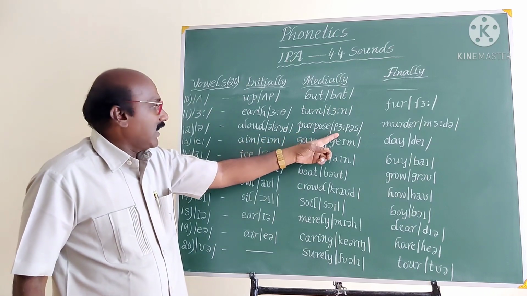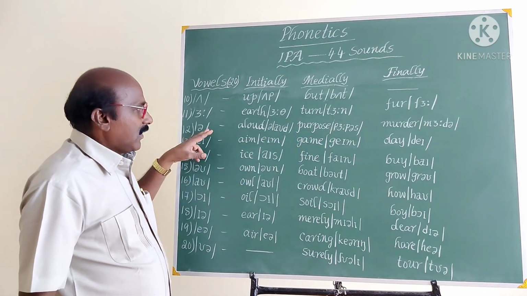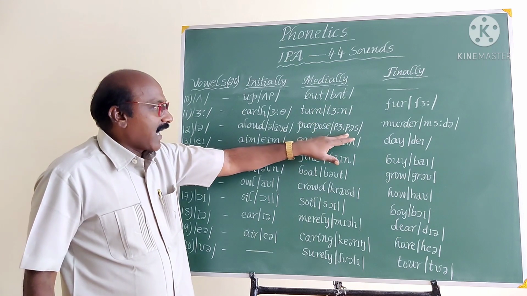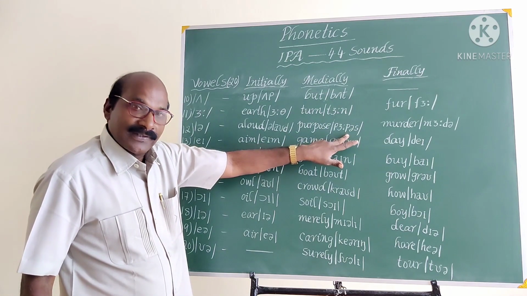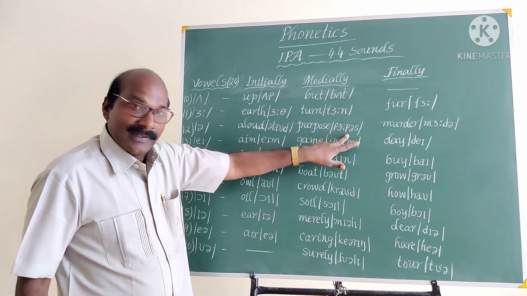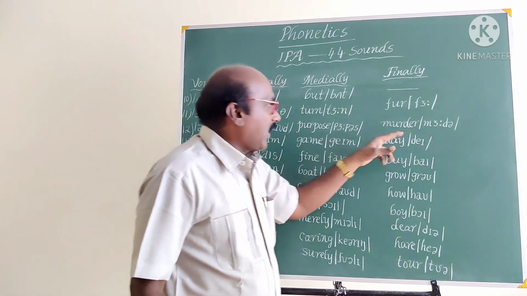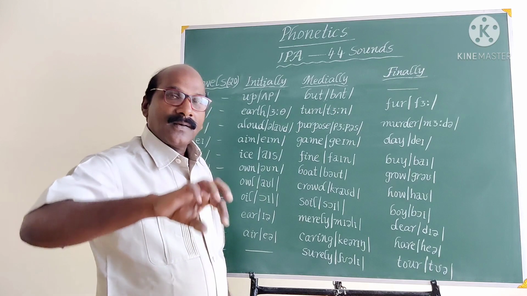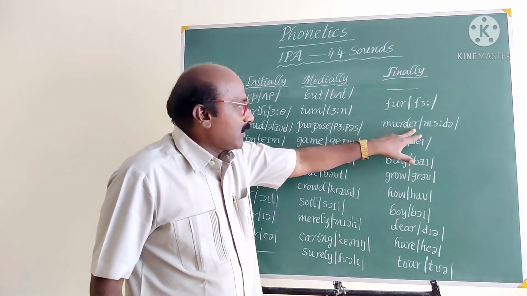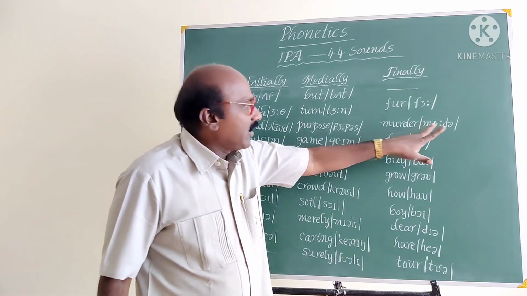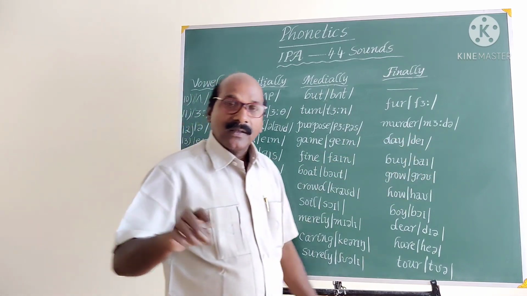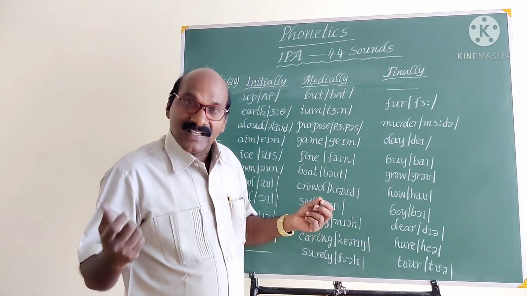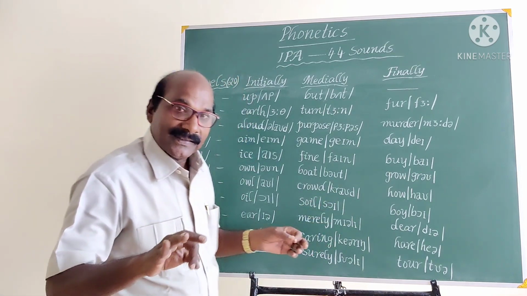And medially it occurs in purpose. And finally, murder. Most of the words ending with R give the sound of schwa: murder, brother, mother, sister.